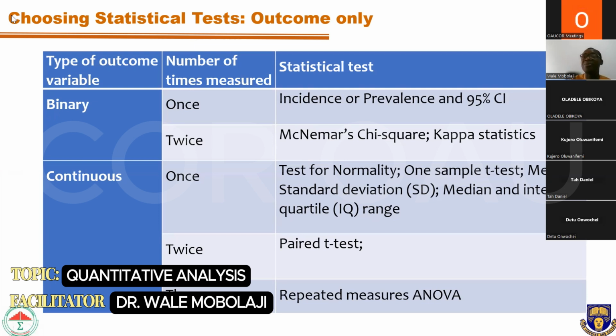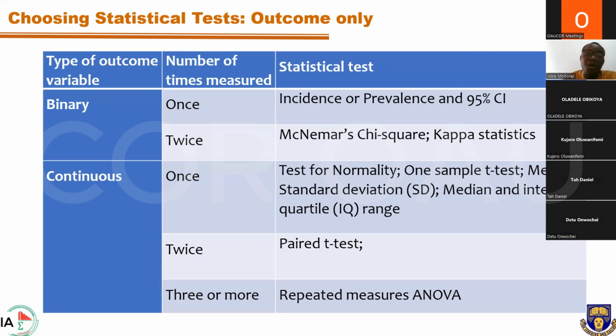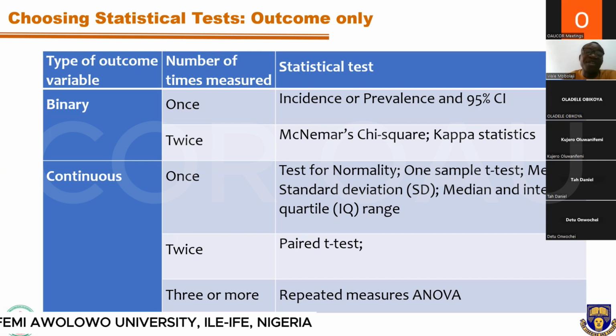So, choosing an appropriate statistical method, choosing appropriate statistics. Now, you have your data with you. You have done all the diagnoses, you've run your descriptive analysis. Now you want to begin to do some inferential statistics.